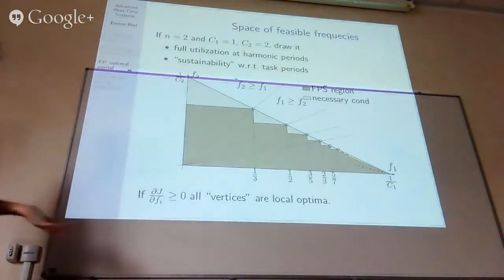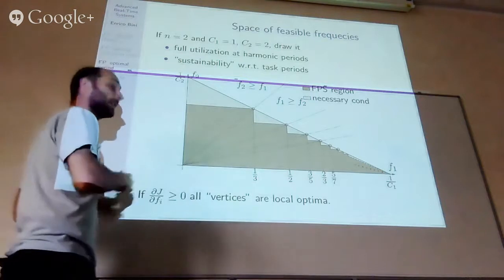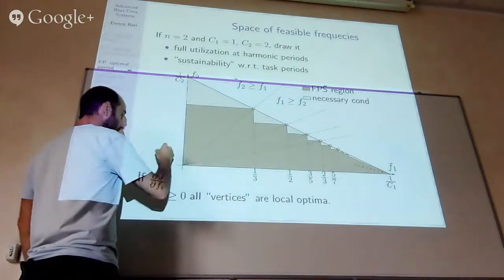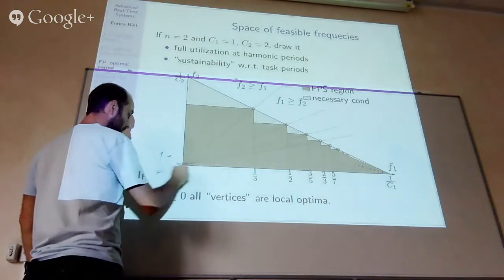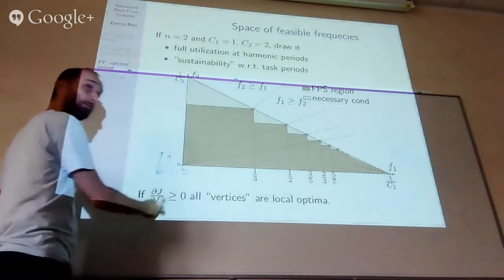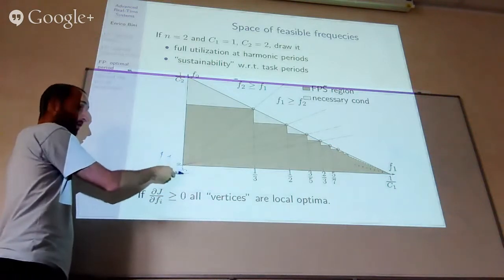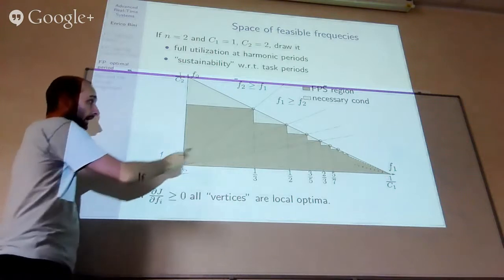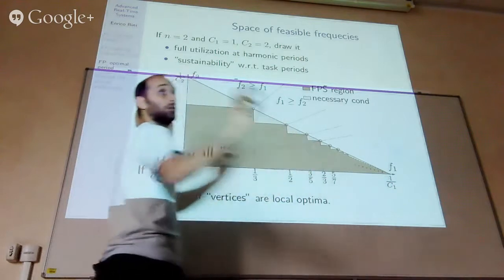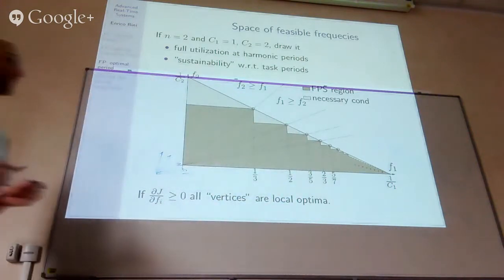This is a geometrical, natural way to see it, because this property implies that the gradient of the performance is always in this cone, since both components have to be positive. And if the gradient always has to be in this cone, all those points are local optima. No doubt about that.